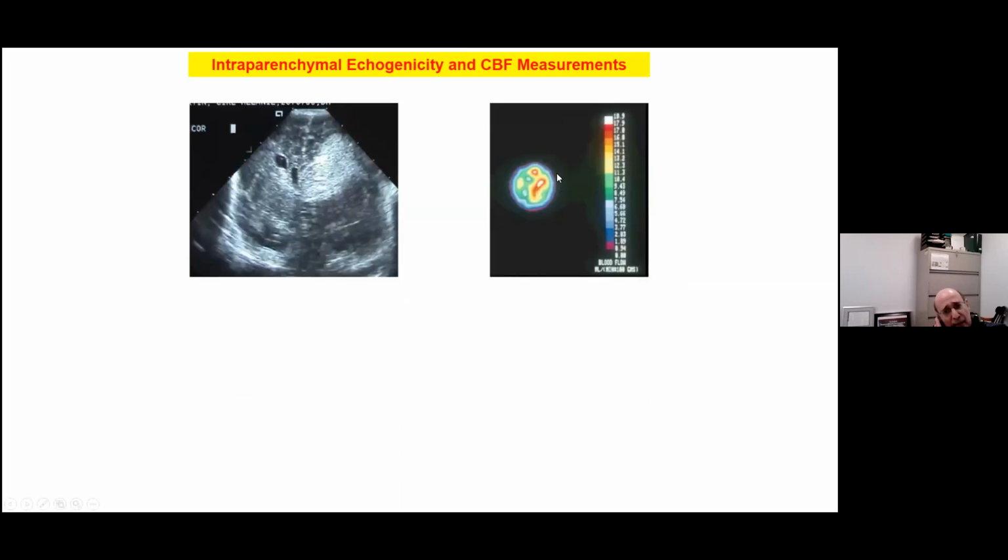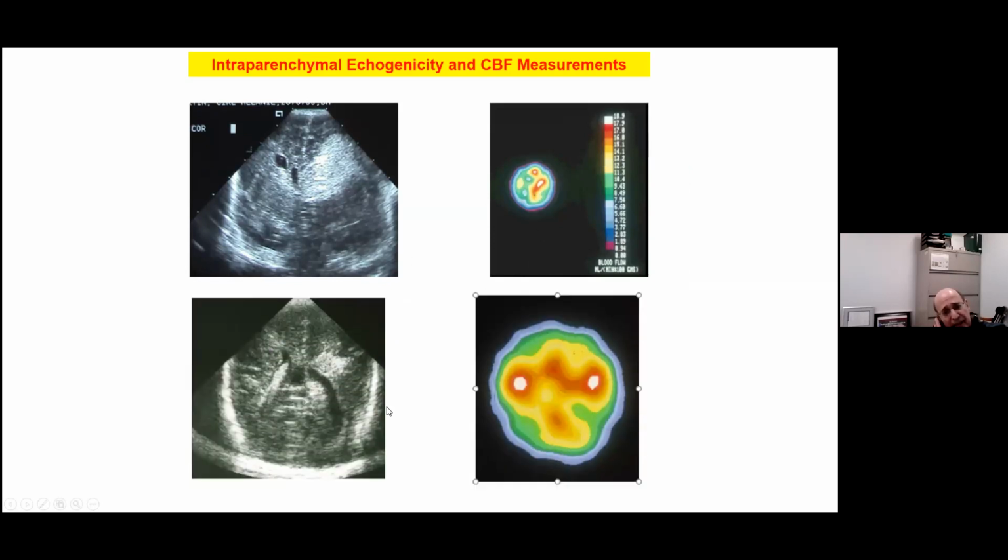So this is the slide I just showed you, but this is another baby who had involvement within the white matter more posterior. And we did a blood flow study in this baby, and it was very symmetric.